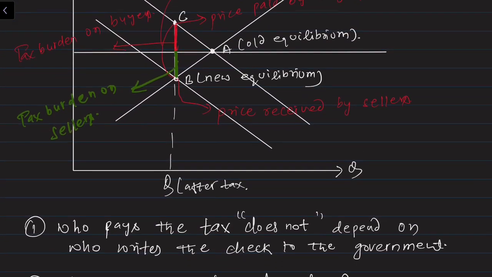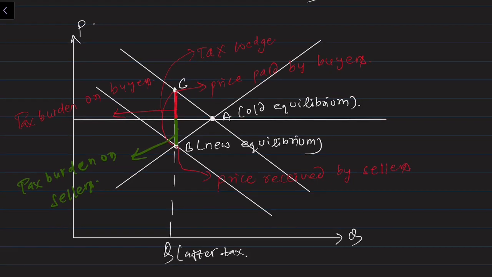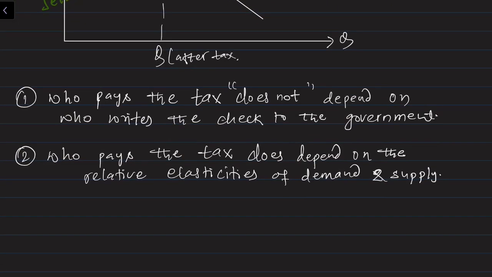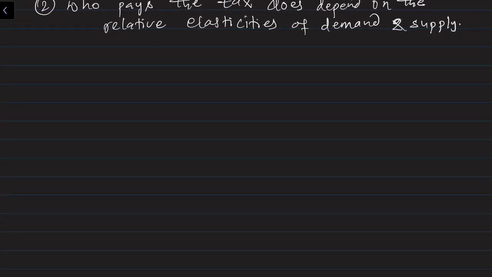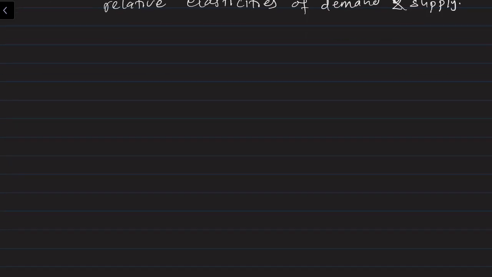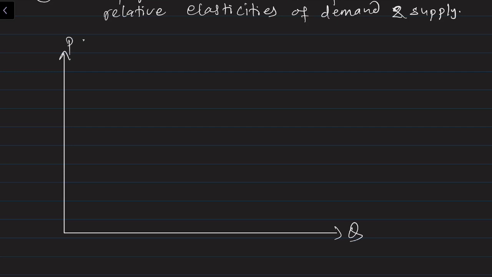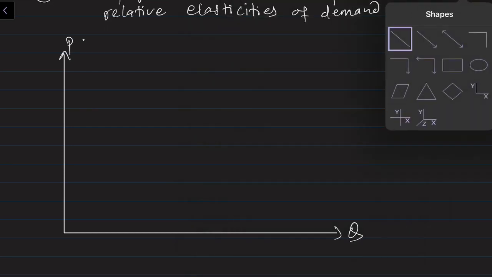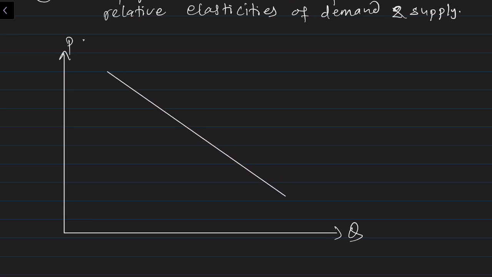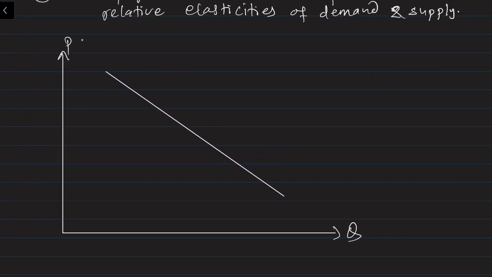So now, let me draw another graph. Otherwise, it will be very messy if I explain from this graph. This is our demand curve, and this is our supply curve. All right.